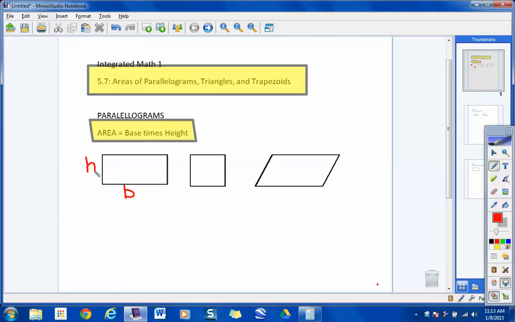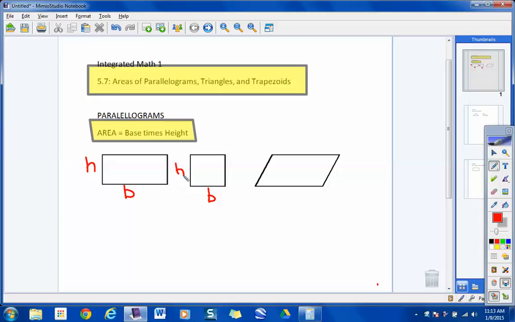Understand that sometimes they call squares the letter S, but in a square, this is simply your base, and this would simply be your height. Then in a parallelogram, is this slanted side my height or not?